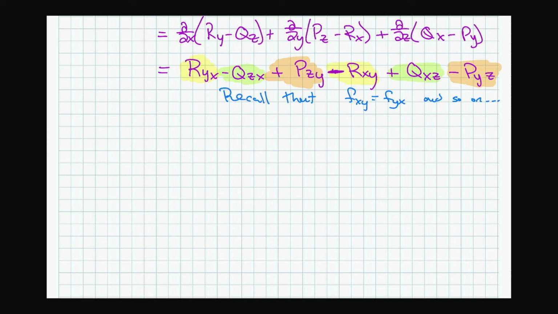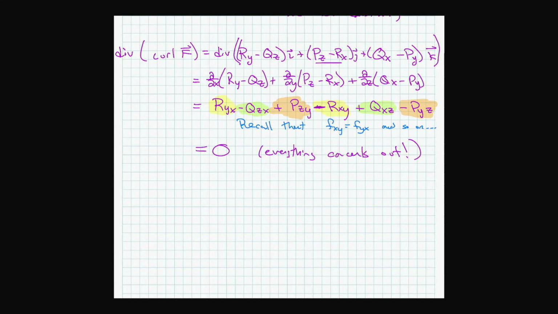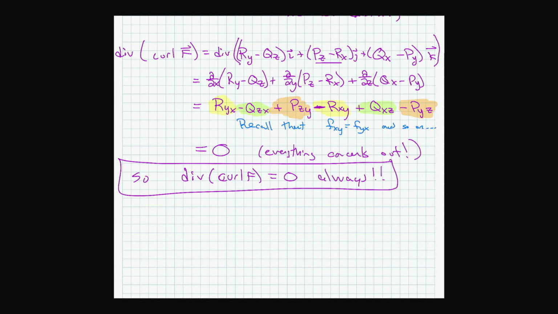So when you do the subtraction, everything just cancels out and you simply get 0. So the divergence of the curl is 0.